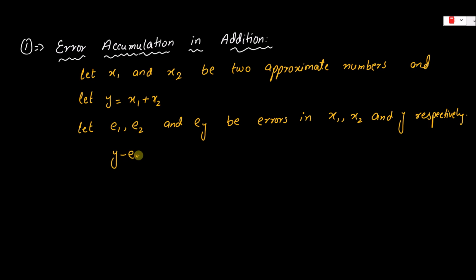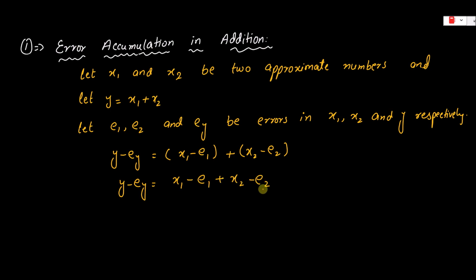So y minus ey, which is basically the error in y, is equal to x1 minus e1, where e1 is the error of x1, and x2 minus e2, where e2 is the error of x2, and that should be subtracted from x2. So we are going to simplify it. That should be x1 minus e1 plus x2 minus e2. So y minus ey is equal to x1 plus x2, and we have minus e1 and minus e2.